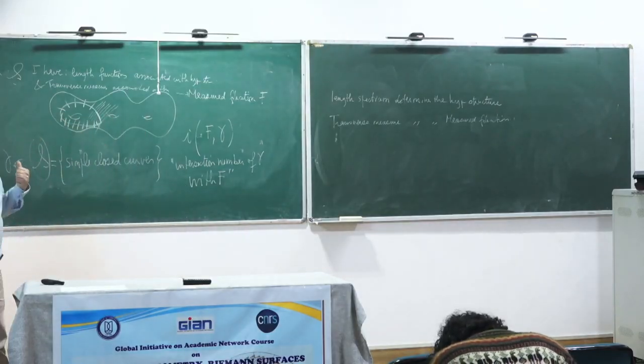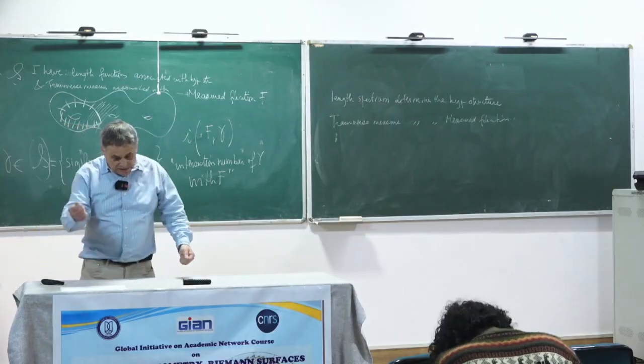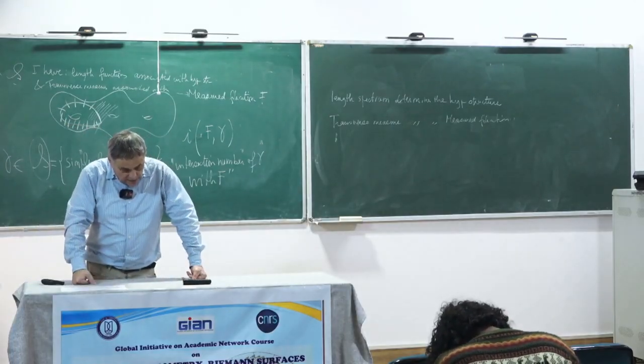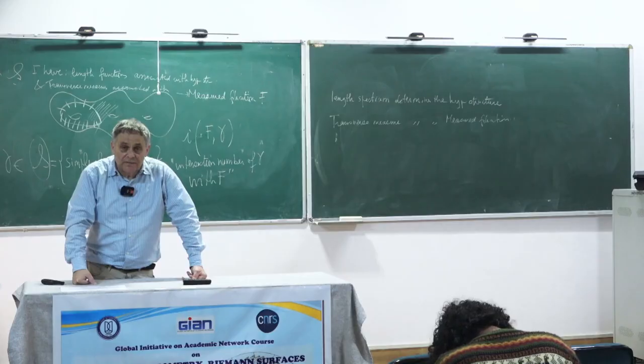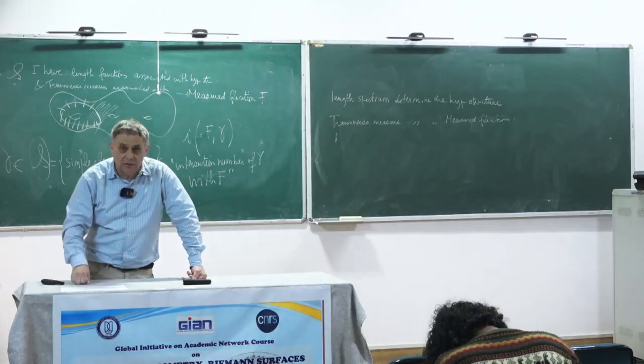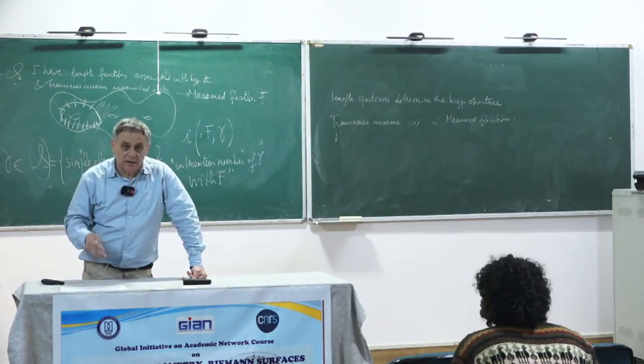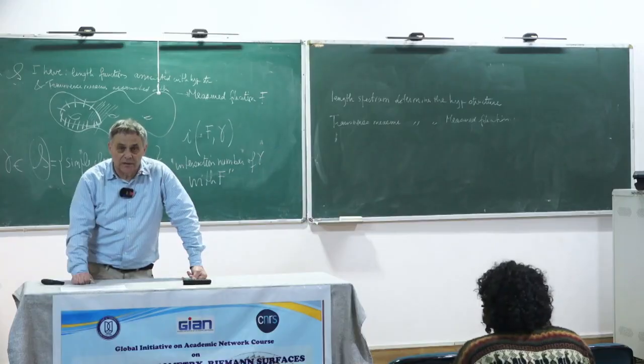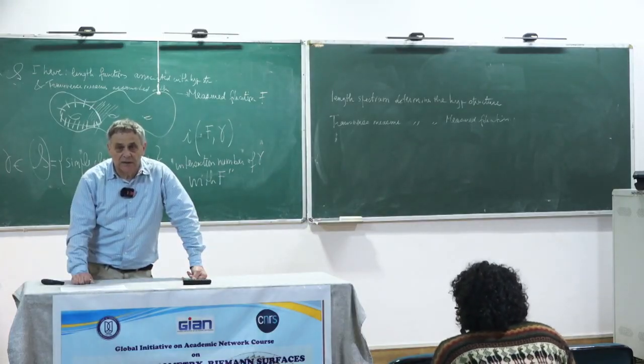And I mentioned, after a question, the growth rate of the length spectrum of hyperbolic structures. There's an analogous theory for growth rate of transverse measures on the set of simple closed curves. Yes.